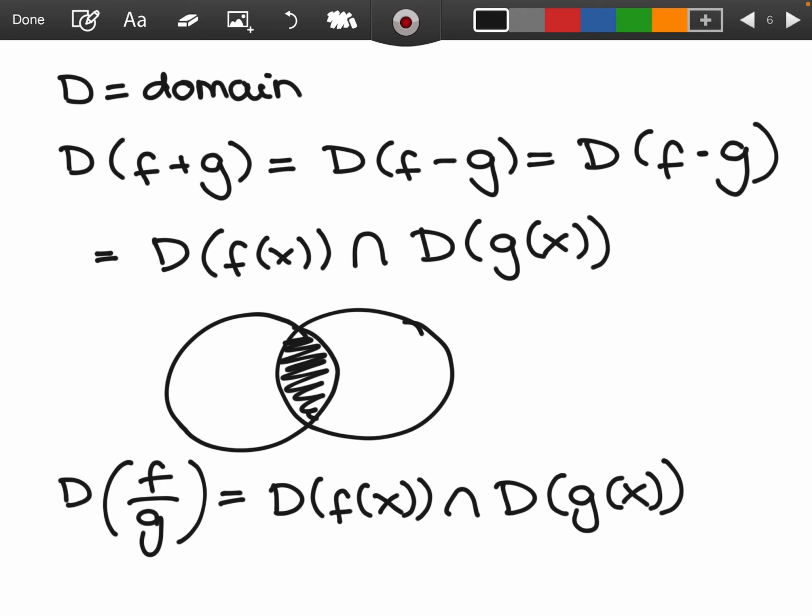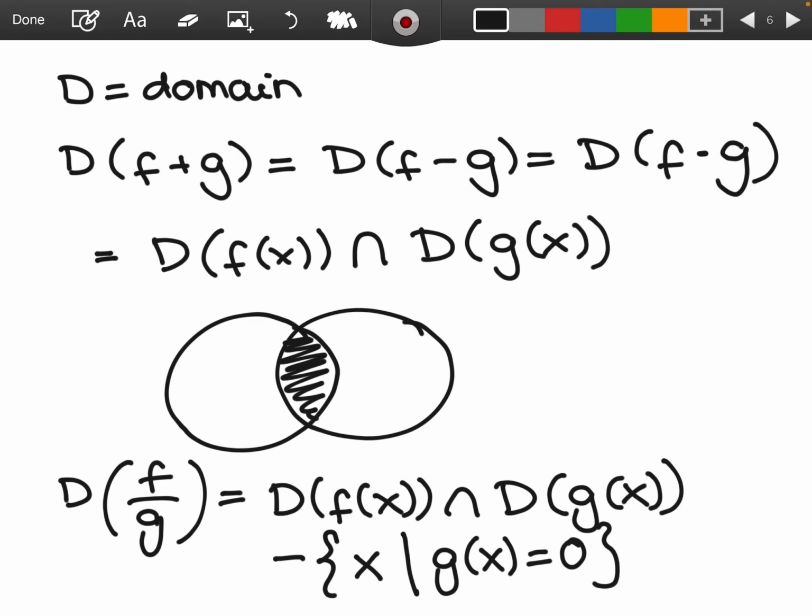So I'm actually going to take out, I'll call it minus for now, any x such that g of x equals 0. So I'm taking out all real x values such that g of x is 0, because that is all x values such that that denominator function is going to give me 0, hence f over g is going to be undefined.